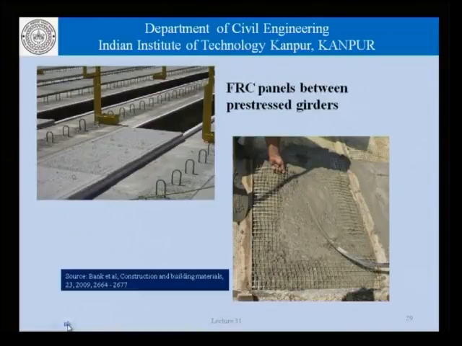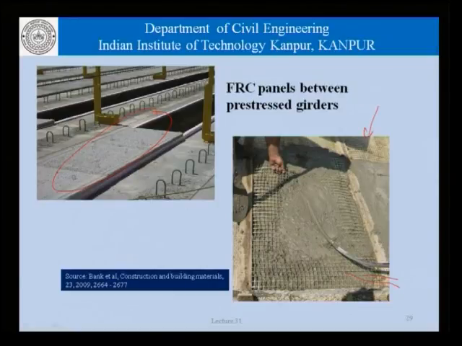Here is another example where fiber reinforced concrete panels are used as permanent formwork. So, here we can see these panels which have been placed between pre-stressed girders during reinforced concrete construction. Now, this picture here shows the fabrication of such a panel, and we can see these kind of a wire mesh or a fiber mesh, and normal cement mortar is being placed and the panel is being fabricated.